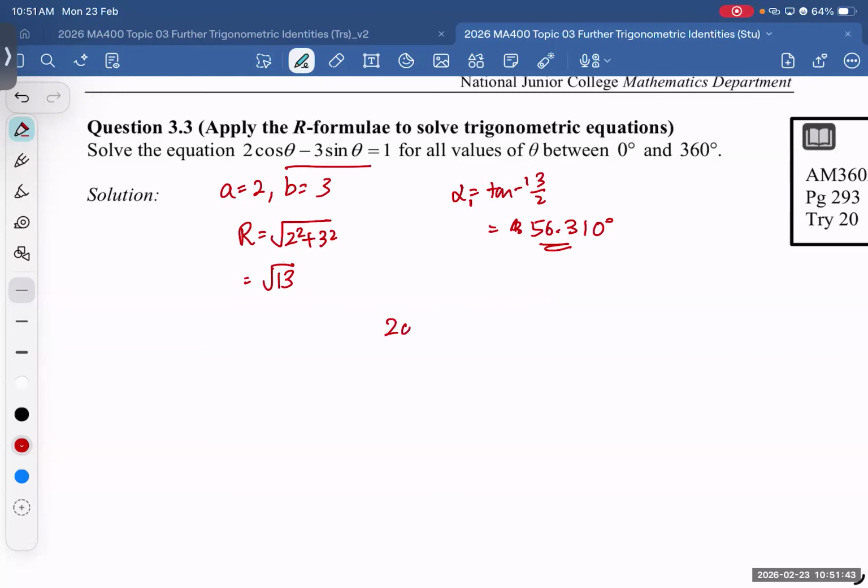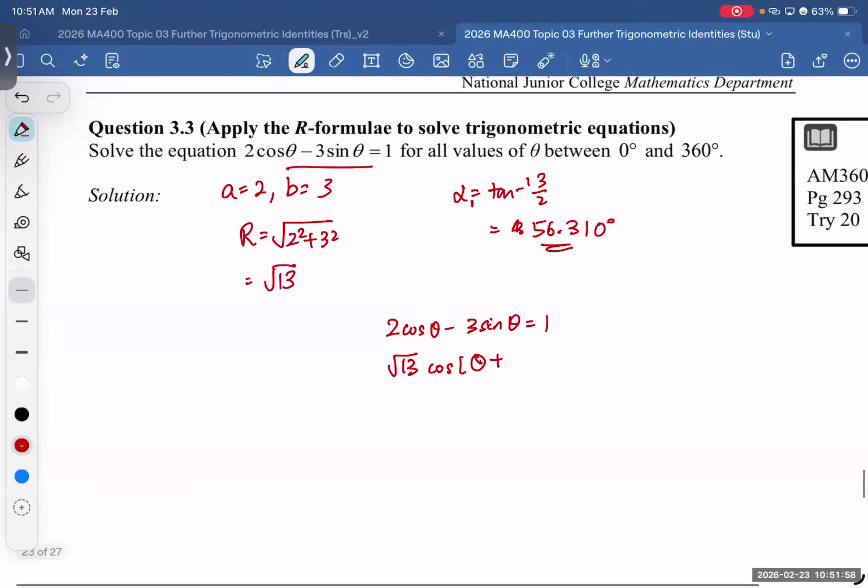So 2 cos theta minus 3 sine theta equals 1. I have square root 13 cosine theta plus alpha. Remember, cosine is a naughty boy, so it's a plus. If you memorize wrongly, you're going to get different answers. So square root 13 cosine of theta plus 56.310 equals 1.